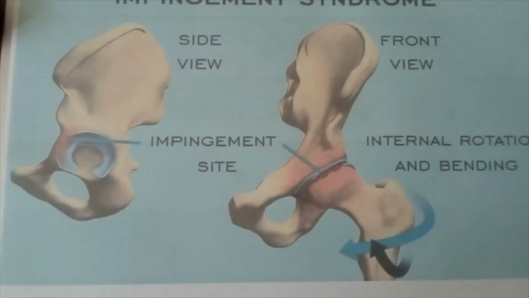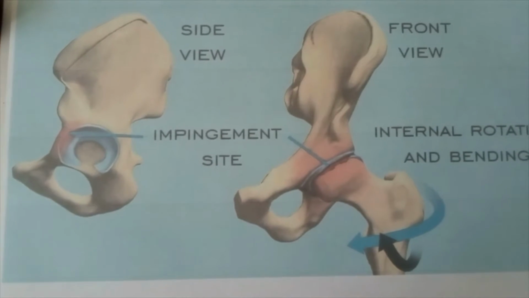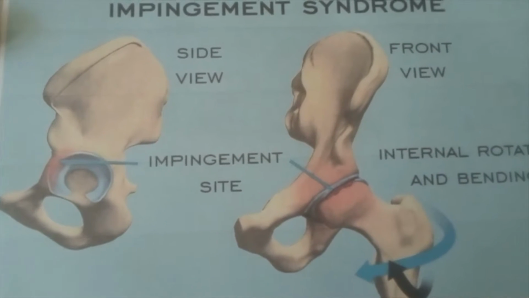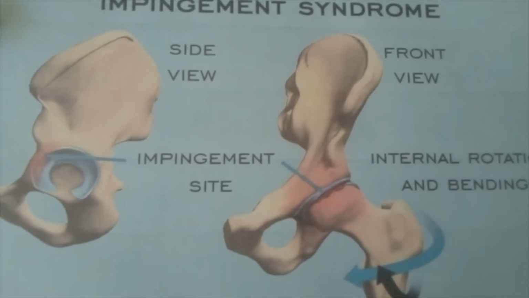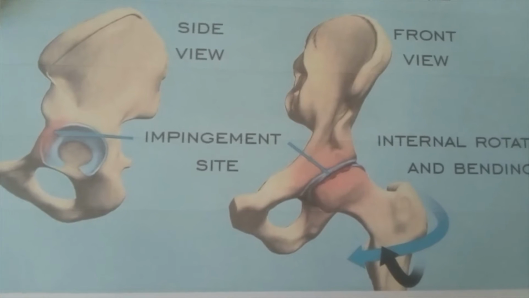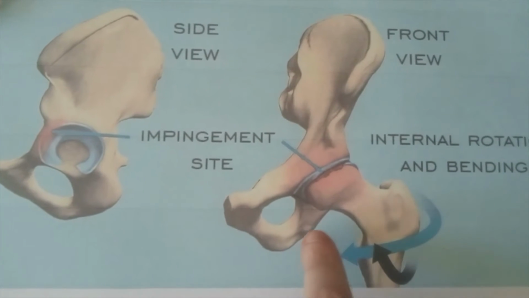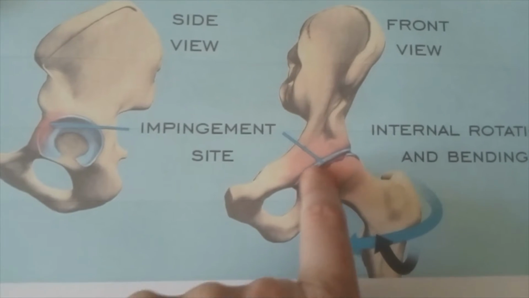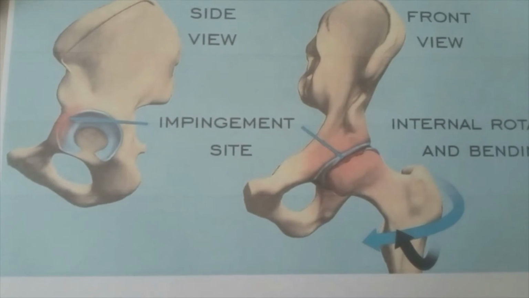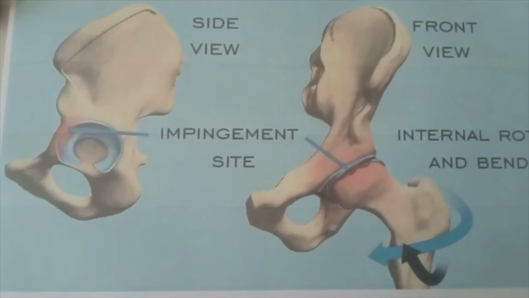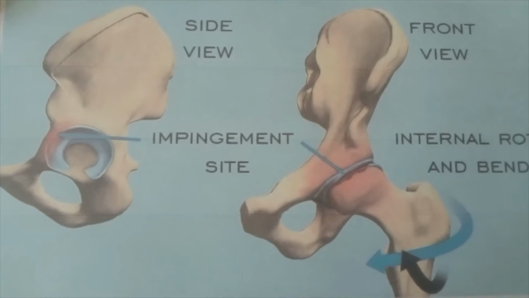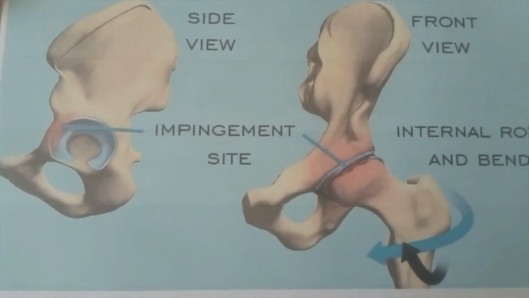Sometimes, the bony spurs will occur in both, and these bone spurs can lead to labral tears, so that's tears in the cartilage, and also deterioration of the articular cartilage that coats the head of the femur, and this is known as osteoarthritis. And so FAI is one of the most common causes for hip pain in young and middle-aged adults.